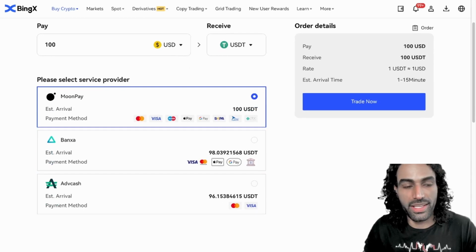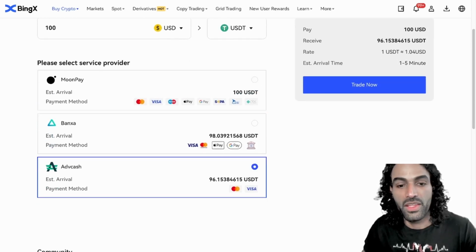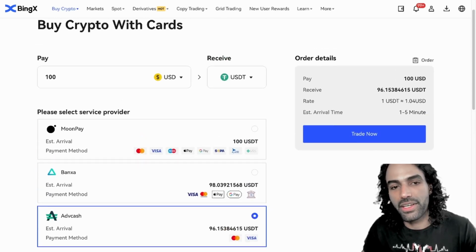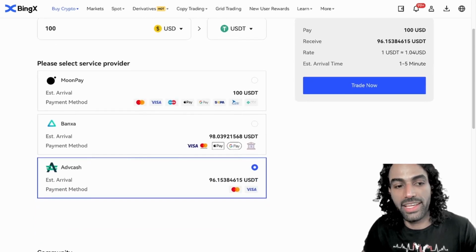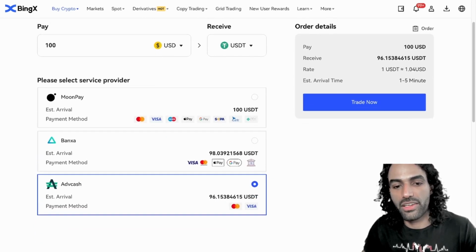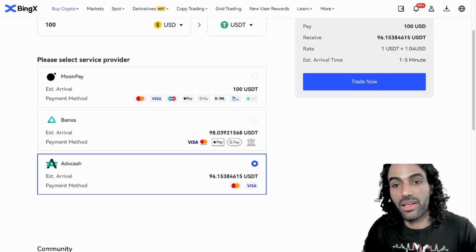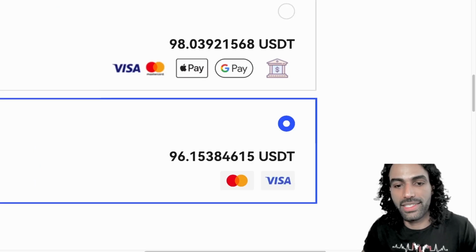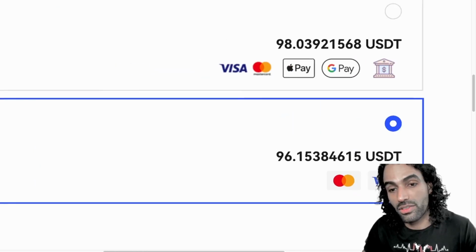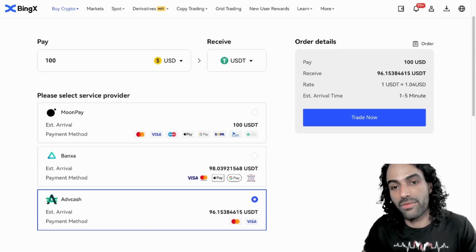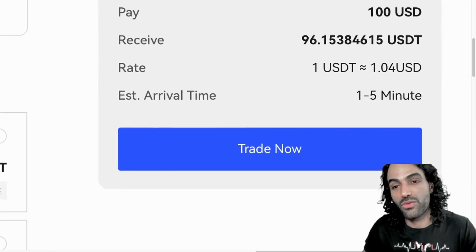So MoonPay is really easy. If you want a faster exchange, you use ADV Cash, which uses MasterCard or Visa card. This one has a faster arrival time. However, there's a fee of almost $4, and that's why you get it in just 1 to 5 minutes.